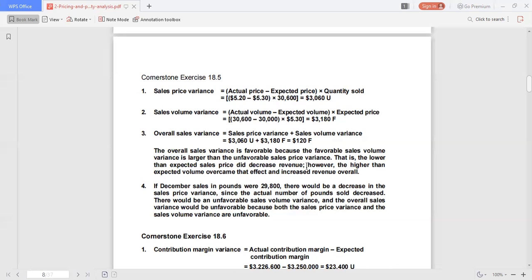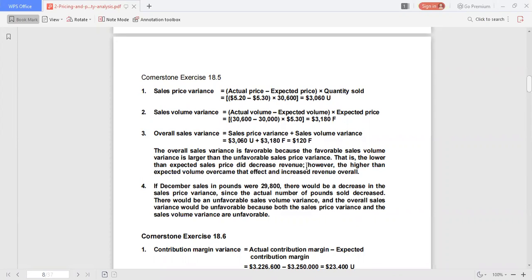The formula is actual volume minus expected volume, and you multiply by the expected price. So the actual volume, you have 30,600. The expected or budgeted volume is 30,000, and you multiply by the expected price of 530.